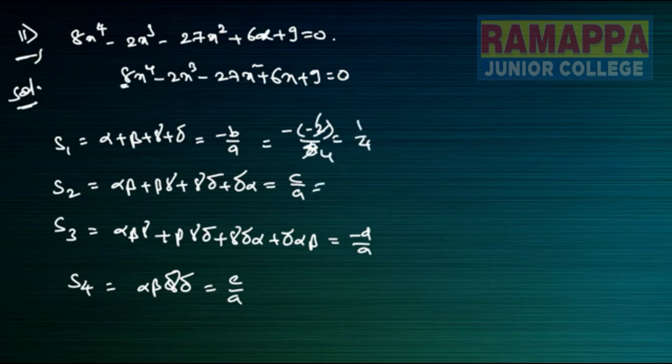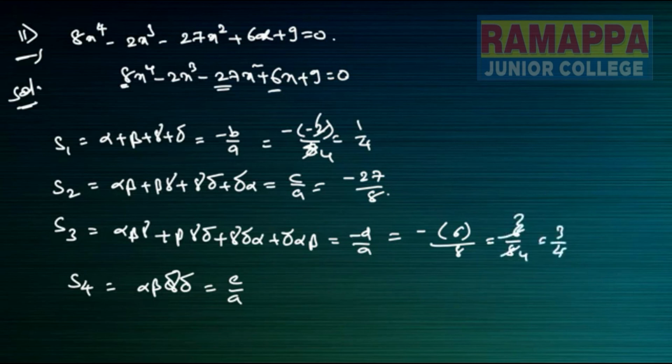Now c by a, c is minus 27, a is 8, so minus 27 divided by 8 will come. Then minus d by a, d is 6, so minus 6 divided by 8, which is minus 3 by 4. And e by a, e is 9 by 8. So 9 by 8 is the answer.